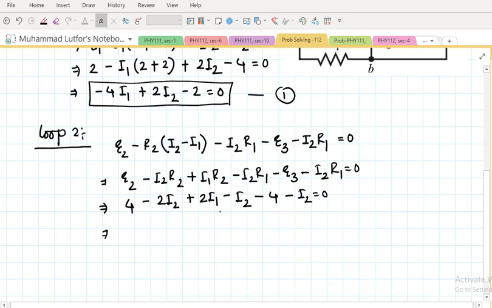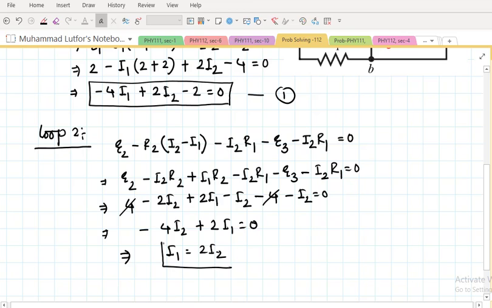Now this plus 4 minus 4 will cancel out, and it is going to be minus 2I2 minus 1I2, and that would actually be minus 4I2 plus 2I1 equal to 0, or I can write I1 from there as 2I2, right?